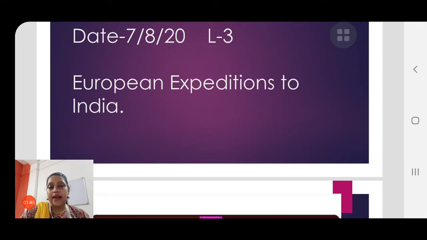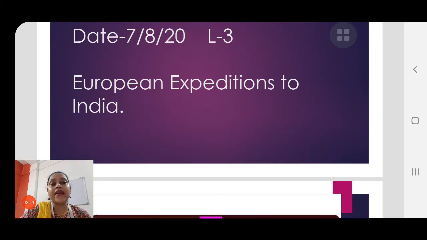We Indians live in the country of India, and India is a part of the continent of which continent? Yes, it's Asia. So we belong to the Asia continent, and the people who belong to the Europe continent are called European.